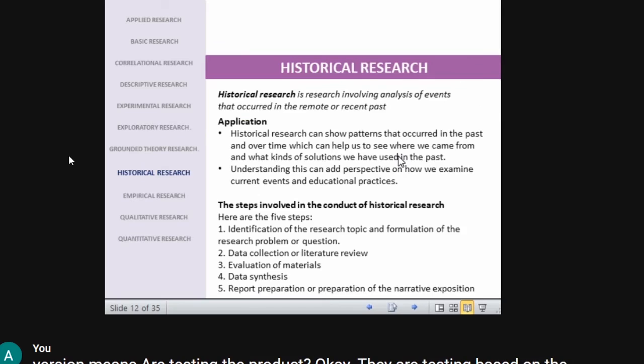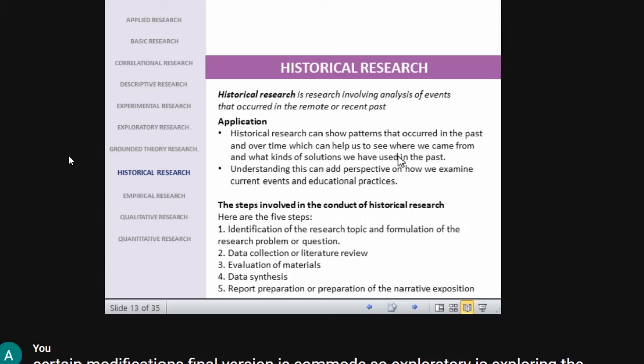Okay. Now we are coming to historical research. Historical research involves analysis of events that occurred in the past. History means whatever has happened in the past, that we refer to as history, right? So, for example: origin of libraries in India, development of library education in India.